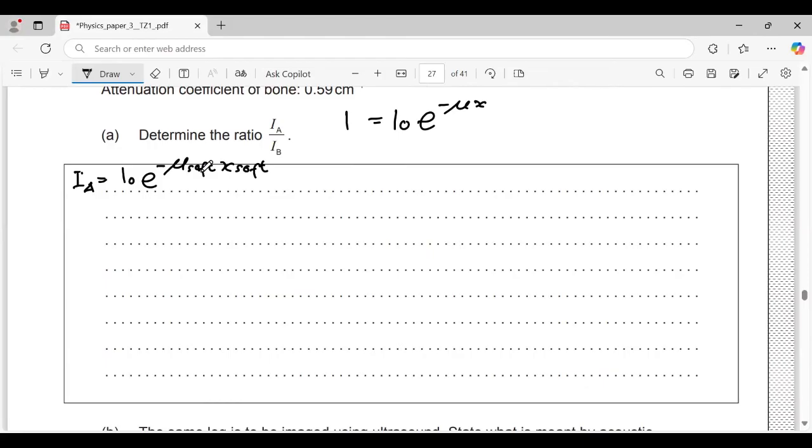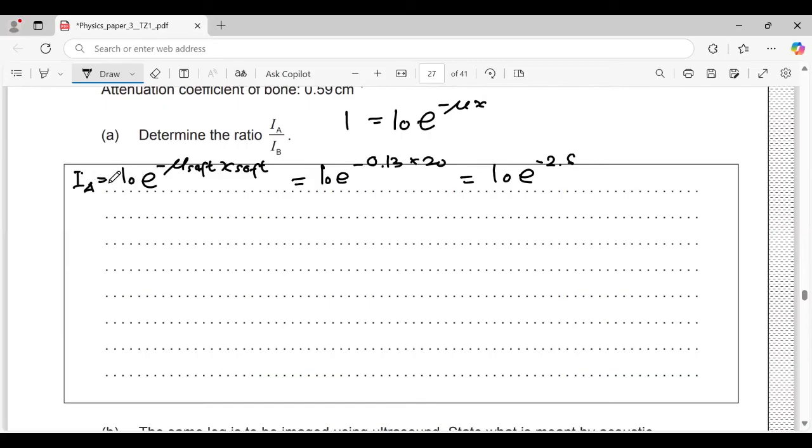Mu soft is 0.13 per centimeter, while x soft is 20 centimeters. So IA equals I0 e power minus 0.13 multiplied by 20, which becomes I0 e power minus 2.6, because 0.13 multiplied by 20 equals 2.6.